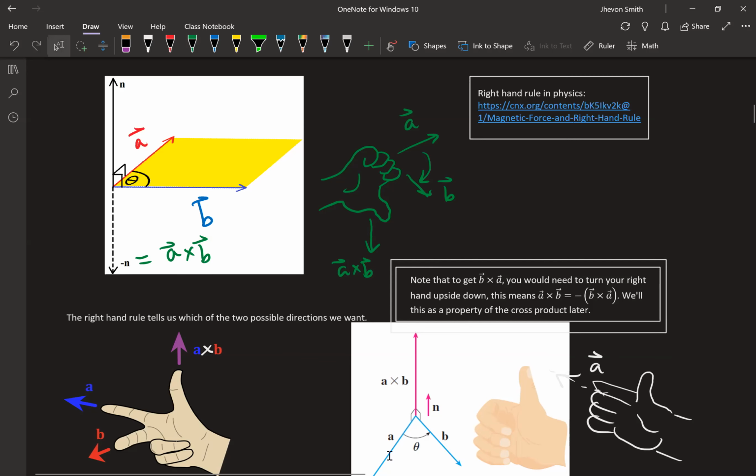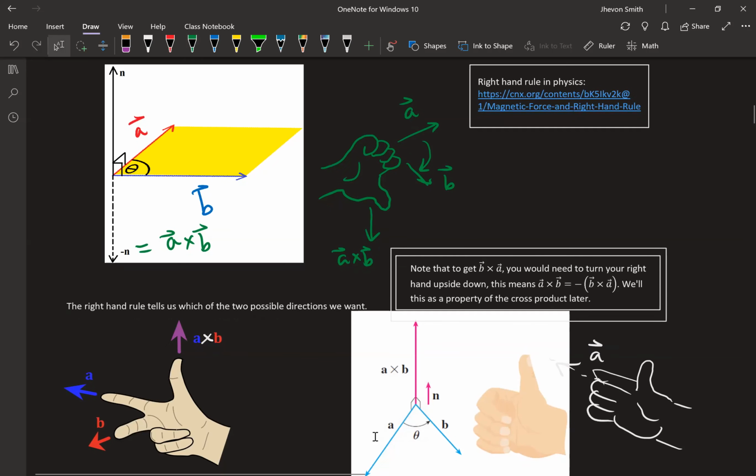So here, notice that if A was here, you point your index finger in the direction of A, curl your fist of your right hand in the direction of B, your thumb would stick up. To do that same thing here, you would have to literally turn your right hand upside down.